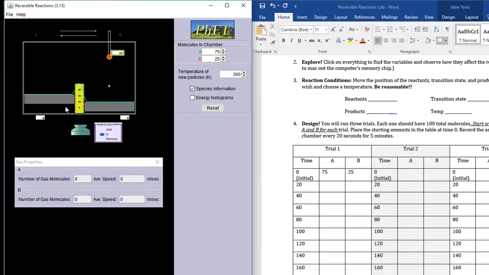Okay. Now these are distance measurements. These aren't actual values, but this line here once again represents the activation energy.